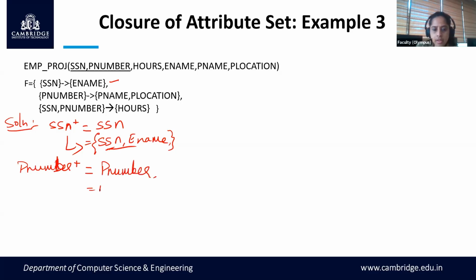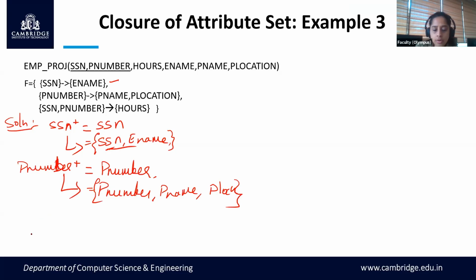Reflexive rule. Through P number I can derive P number, comma, P name, comma, P location. All the three. So those steps you should use.